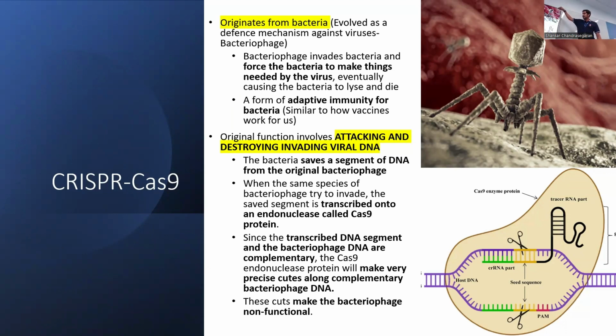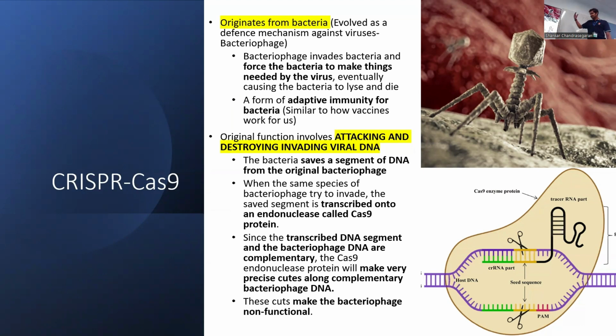Viruses insert their DNA into the bacterial DNA, waiting to be activated. But CRISPR-Cas9 will look through the DNA at the same time, searching for any potential viral DNA, and if it sees it, it cuts it out. That's essentially what CRISPR-Cas9 does.